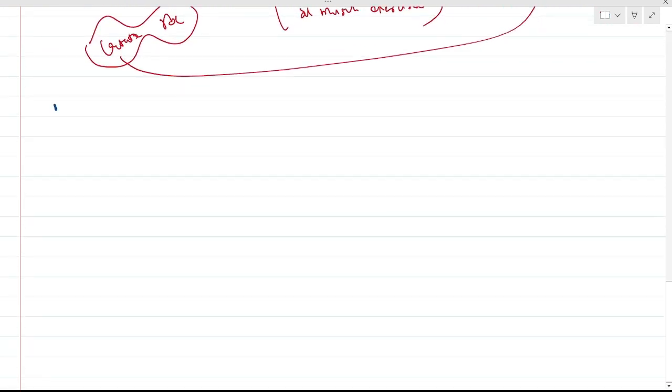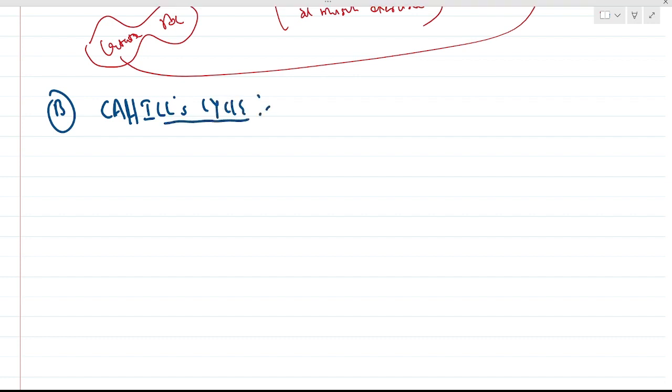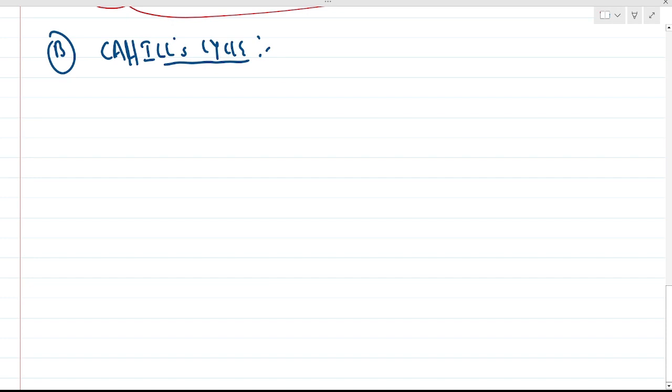Next cycle we are going to see is Cahill's cycle. Cahill's, sorry, I'll write this again. Cahill's cycle. Here the two organs involved are skeletal muscle and liver, but the products here are different.